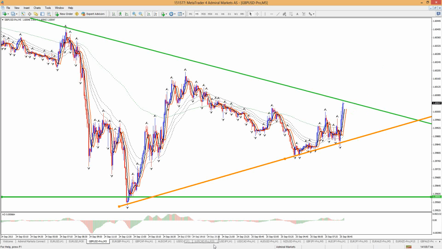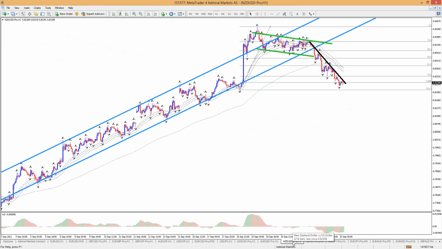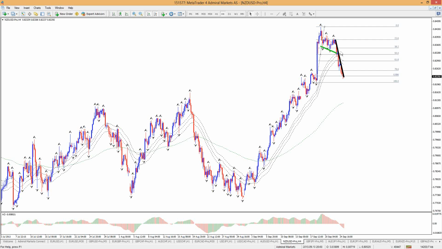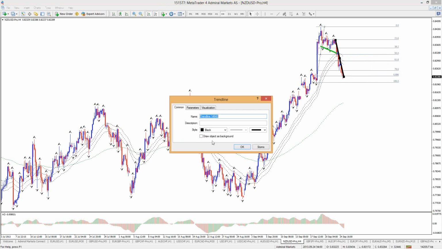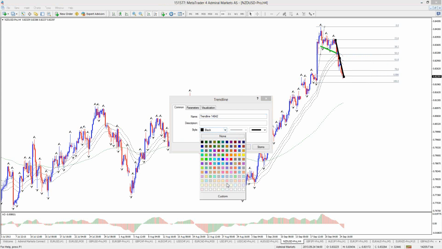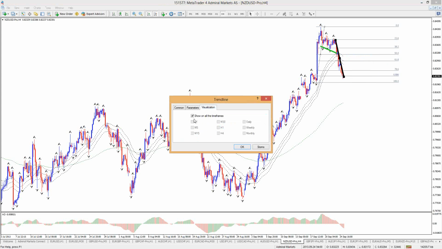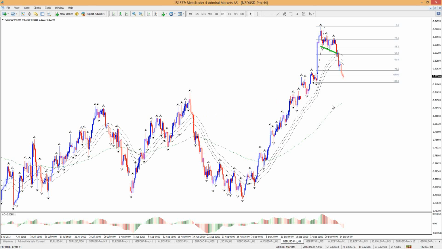Let's take a look at the Kiwi now. The Kiwi, where could it be headed to? That's a good question. I think looking at this 4-hour chart gives an idea of what kind of momentum we could still expect.